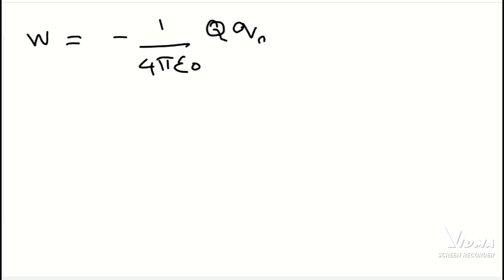We get now W is equal to, since minus 1 by 4 pi epsilon naught capital Q and Q0 are constants, we can take out of the integration, into integral of, we can write 1 by x square as x power minus 2 dx. Limits are from infinity to r.